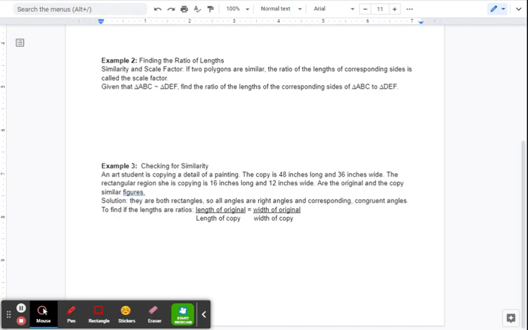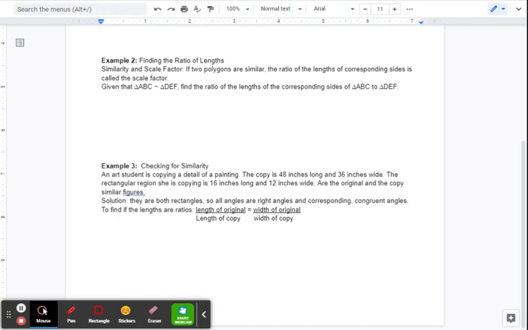So this is our original. This is the copy. The original was small. She's making it big. So we had 48 inches long, 36 inches wide. This one is 16 inches long, 12 inches wide.